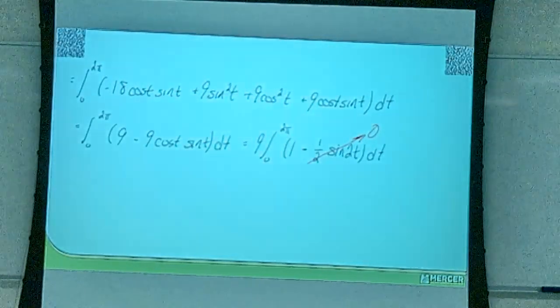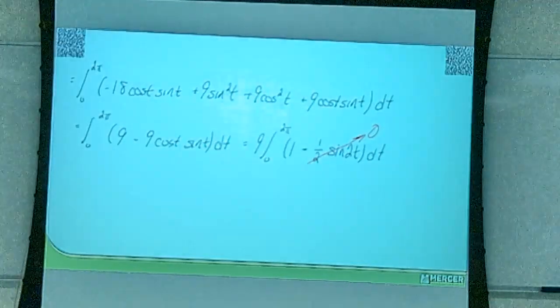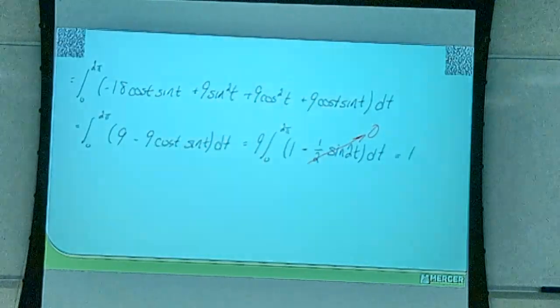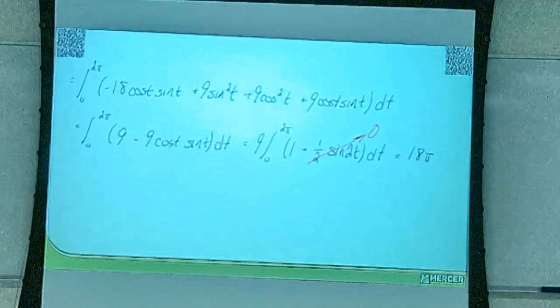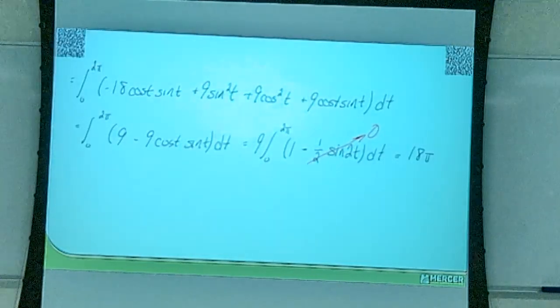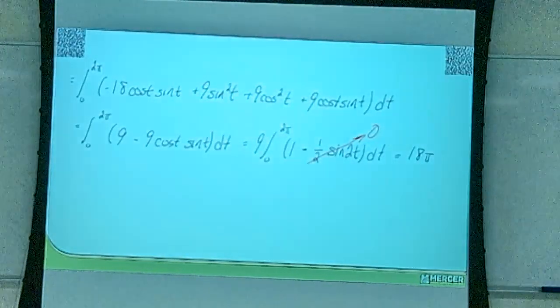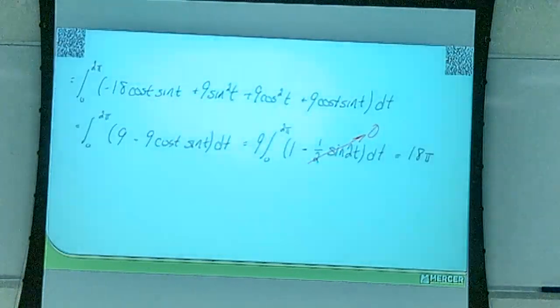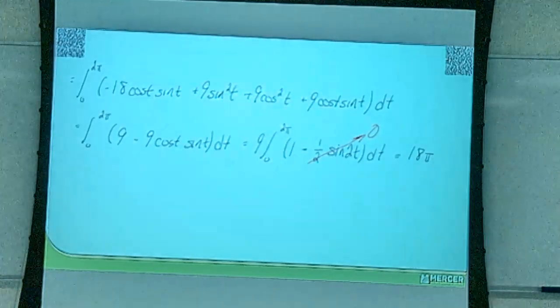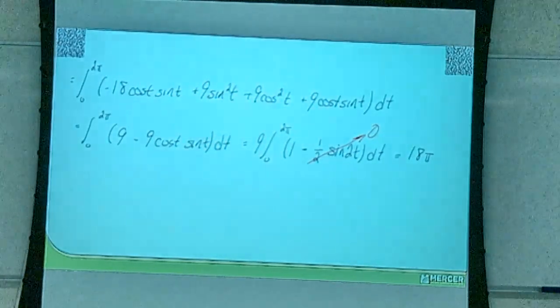You're just left with 9 dt from 0 to 2 pi, which is 2 pi times 9, which is 18 pi. So, yeah, take advantage of that property. If you integrate over a multiple of a period of a periodic function, it's 0.